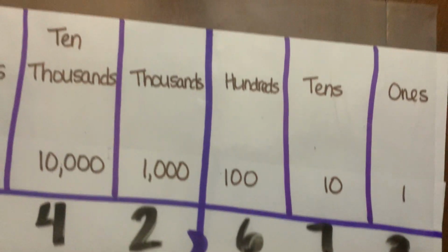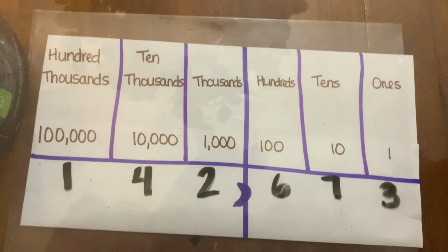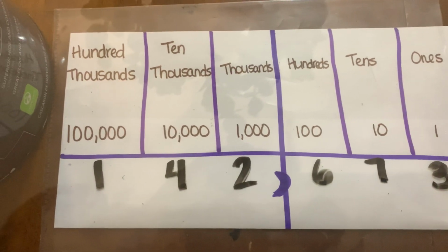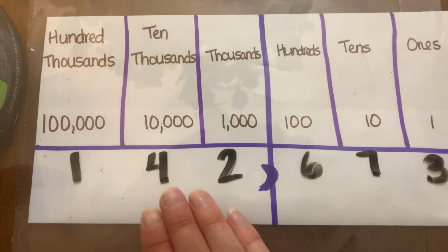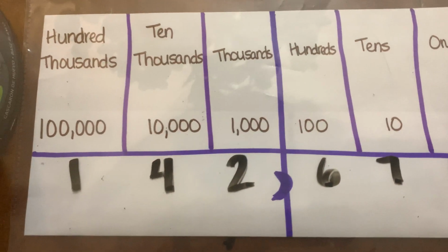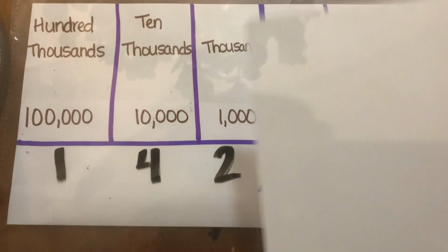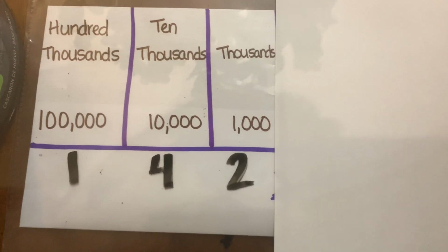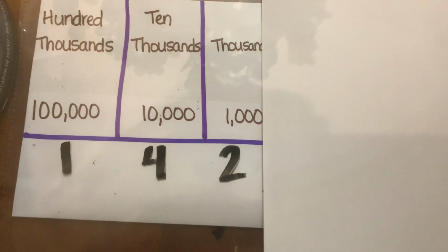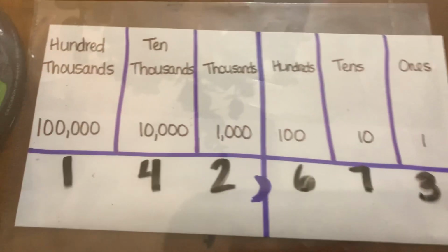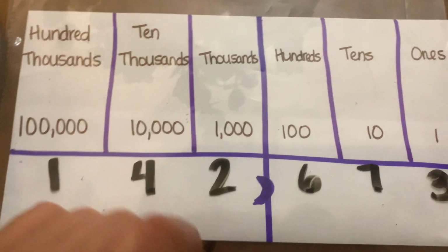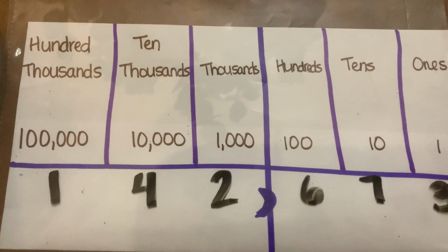And I know at this point you can't really see all the way across, so let me lift it up a little. Okay, so the first thing I want to do is zero in on this group of 3 numbers together because they all belong to the thousands period. And I'm going to read the number that I see at once, so I can even just cover them up. And when I look at it, I see the number 142. So I'm going to read this part of my number as 142,000 because it's in the thousands period.